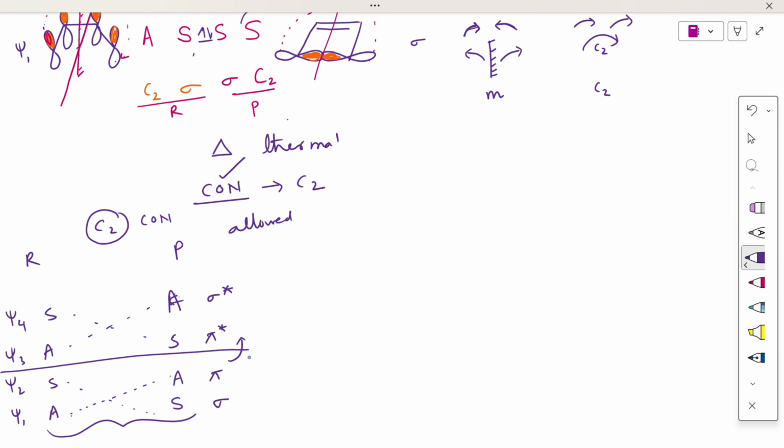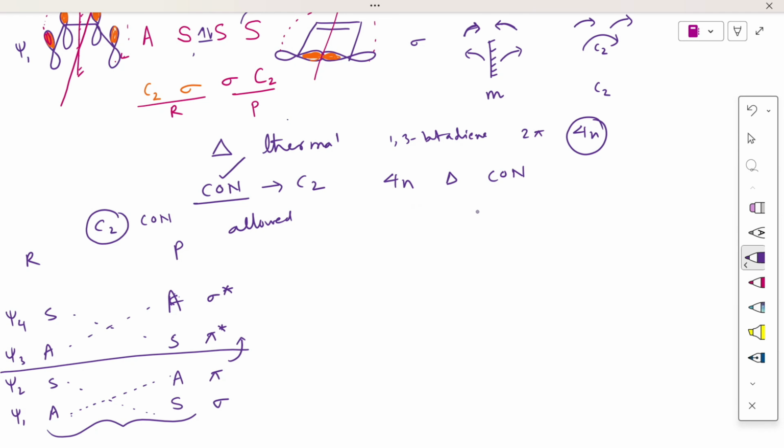If there is a crossover, then it is not allowed. So under thermal condition, for your 1,3 butadiene, which contains 2 pi bonds, which is a 4n system, the con rotation is allowed.